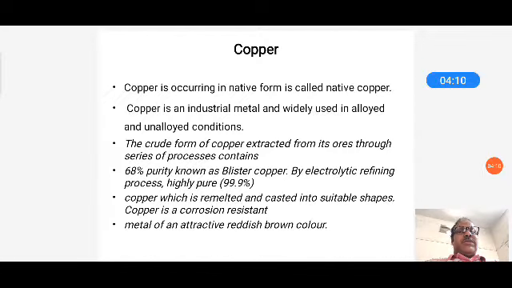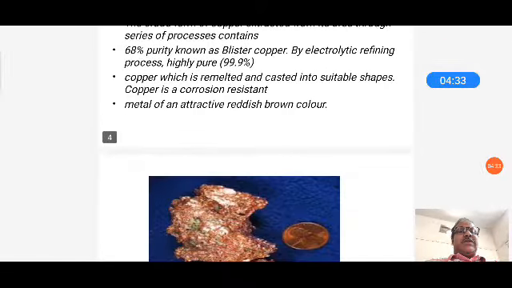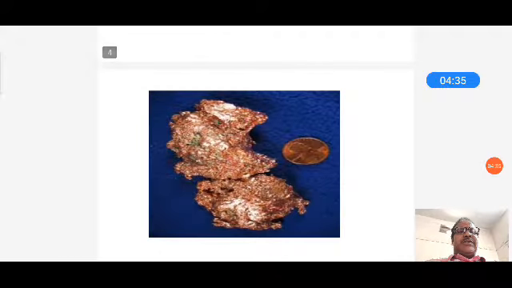By the electrolytic refining process, a high purity of 99.9% is obtained. The copper is remelted and cast into suitable shapes. Copper is a corrosion resistant metal of an attractive reddish brown color, used in different applications.